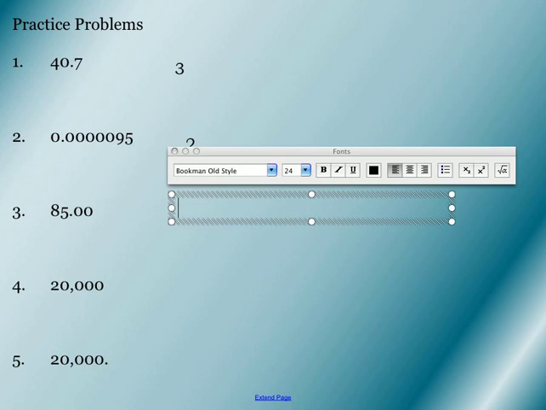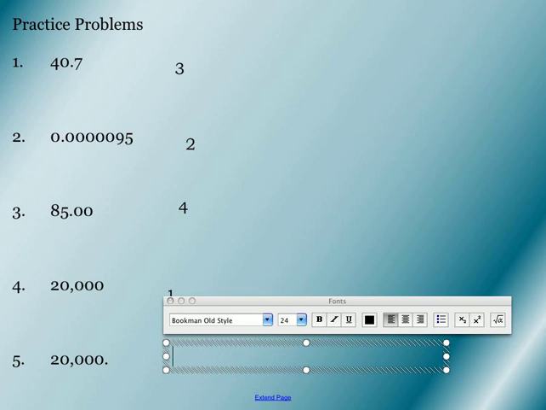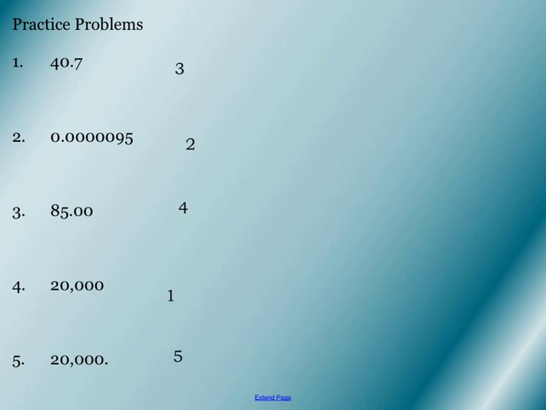Number 3 has 4. Number 4 has, I know you're on the edge of your seat, 1. And last but not least, number 5 has a lovely 5. So again, you just want to make sure you're checking those and practicing them.